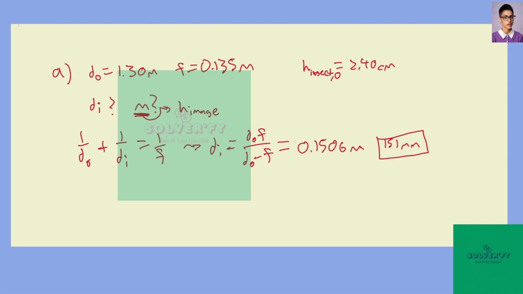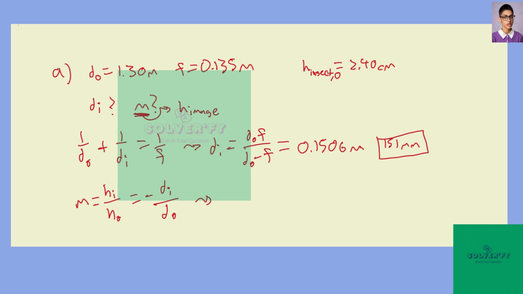And we want to find how high the image is and what type it is. And so to figure out how high it is, we can use the relation for the magnification, which is h image over h object. But this is equal to the negative of d image over d object.